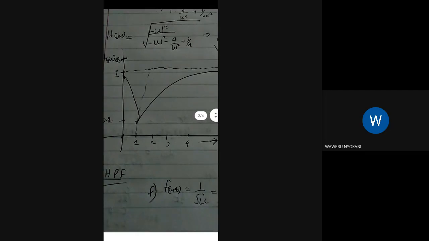Now we are on part F, if I'm not wrong. The type of filter, we have already answered that. Part F states the cutoff frequencies of the filter. So if I zoom out a bit, cutoff frequency has always been given by one thing.